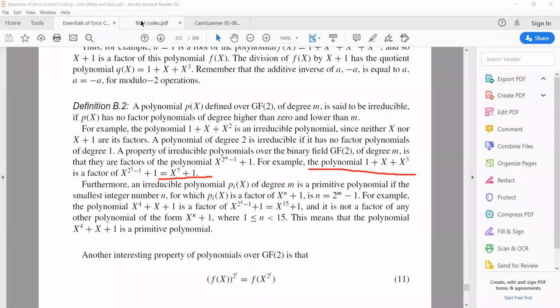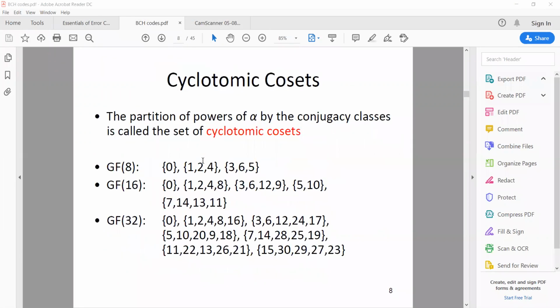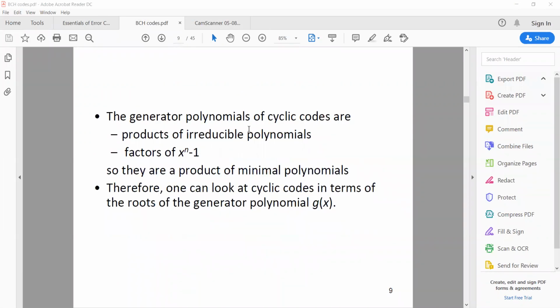That is exactly written here, that the generator polynomials of the cyclic codes are the product of the irreducible polynomials, and so they are the product of minimal polynomials. Therefore we can look at cyclic codes in terms of roots of the generator polynomials. We have already discussed several times the concept of considering the roots in our syndrome technique.